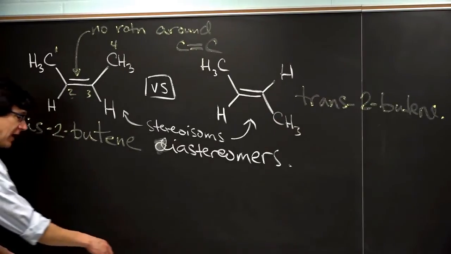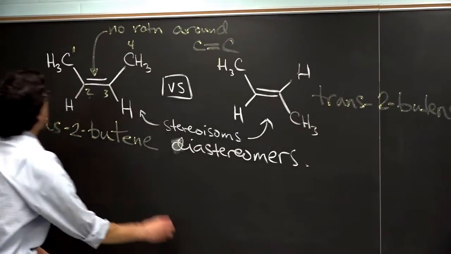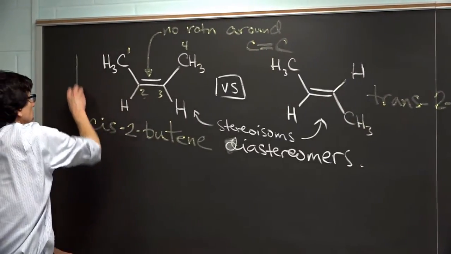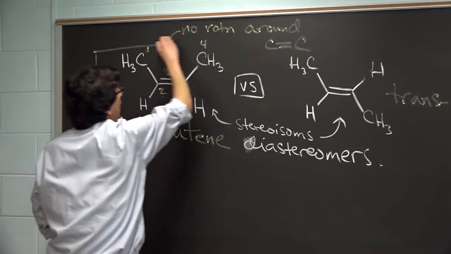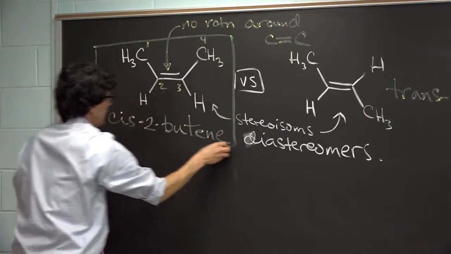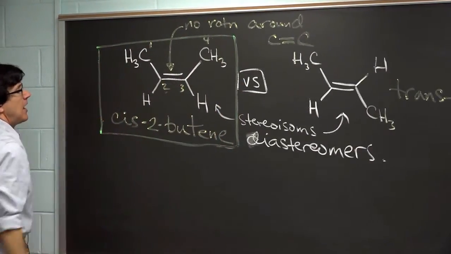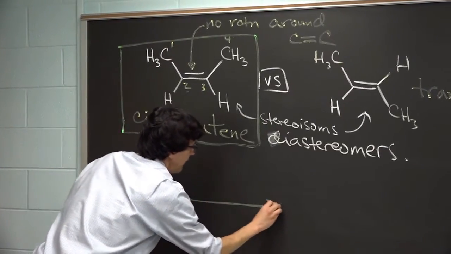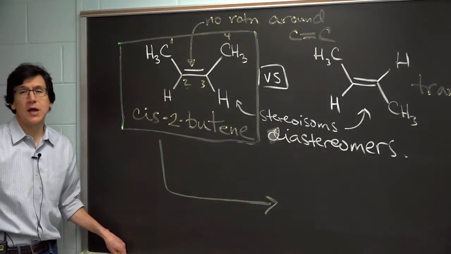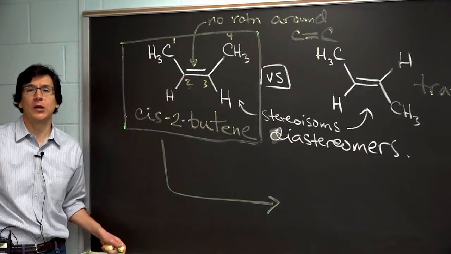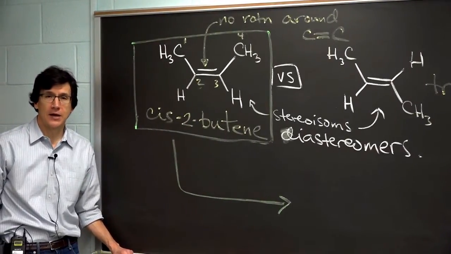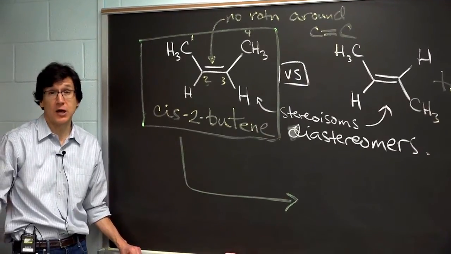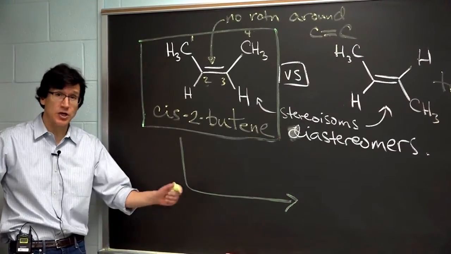All right, well, that's a little bit of a digression. I want to focus just on cis-2-butene. And I want to invent what for now is going to be a magical process, but later on in the semester we'll talk about how this chemistry might actually be done. It can actually be done with real reagents in the lab.